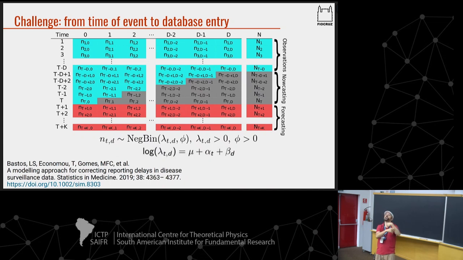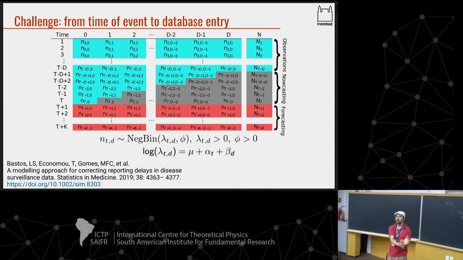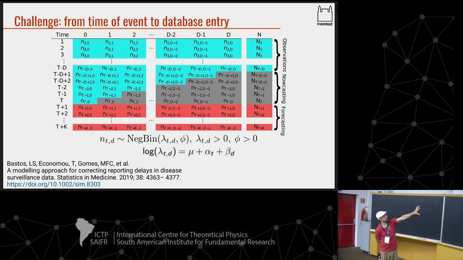The red rows are forecasting, because it's a projection of what will happen in terms of the epidemiological scenario itself. It's not only a matter of information flow, it's a matter of predicting what will happen in the future at the epidemiological level. So the gray area is predictions in terms of information flow only, and the red rows are projections for the epidemiological process as well. This is the main difference between nowcasting and forecasting in terms of this particular matrix.